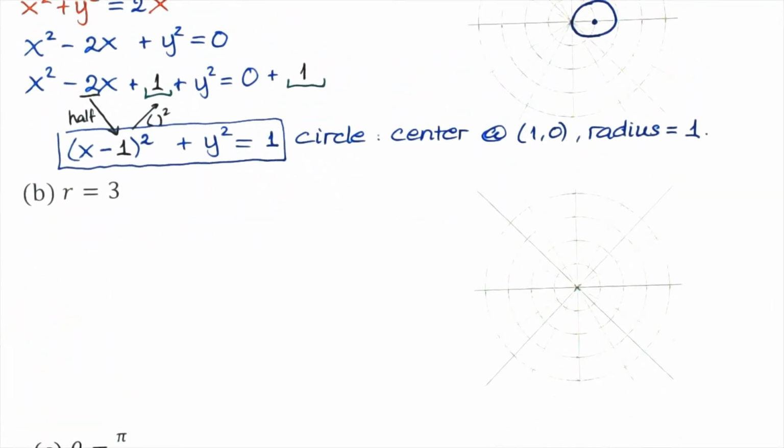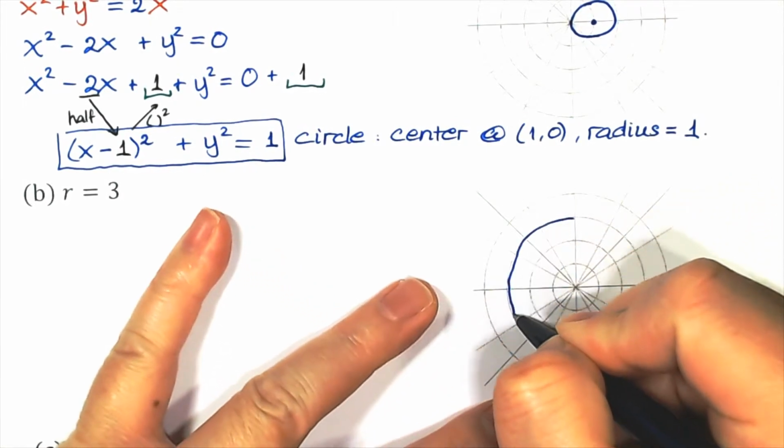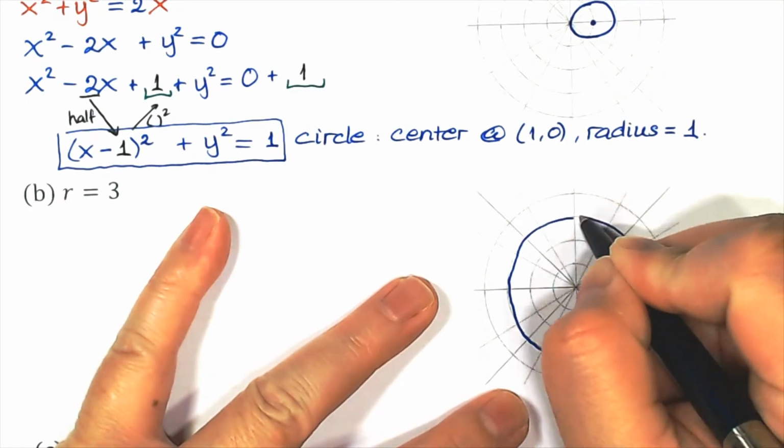Next we have r equal to 3, so that obviously it's just a circle radius 3. So we just draw the circle, radius 3, and done.